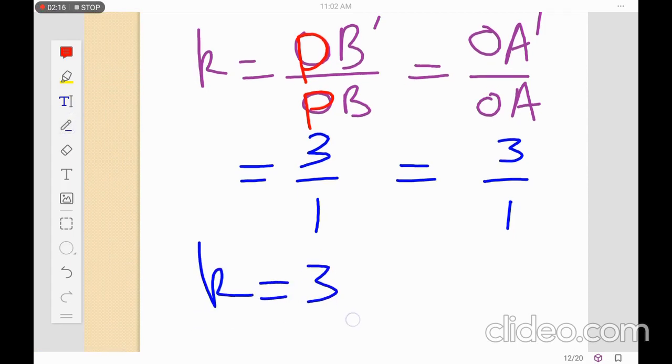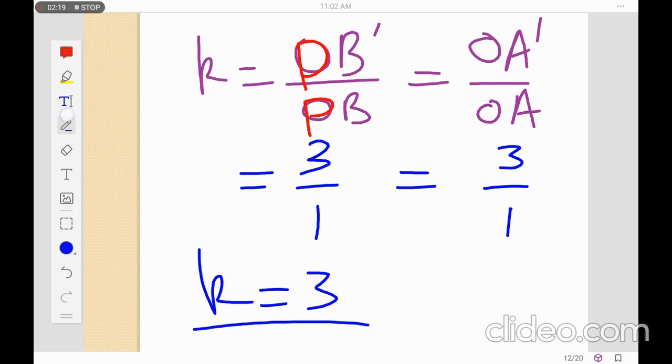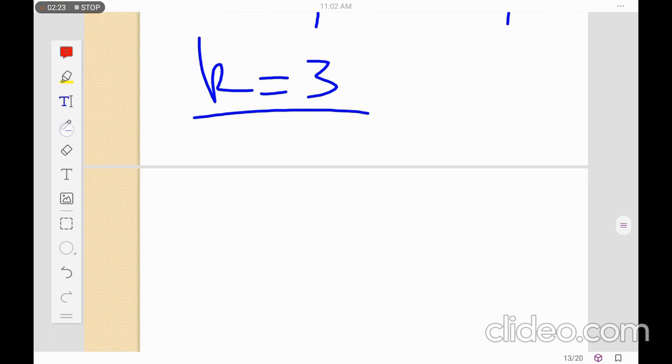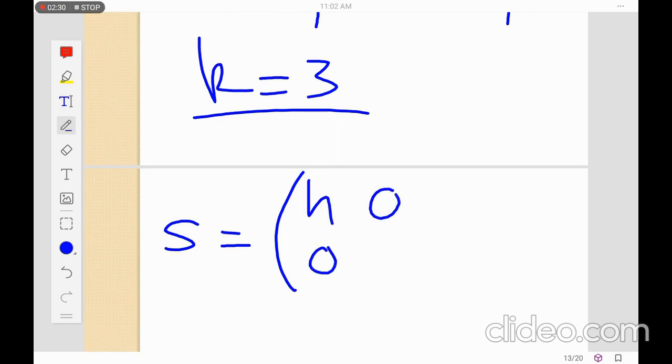Okay, now we can even write this in the form of a matrix. If we want to write it in the form of a matrix, our stretch matrix S is equal to H, 0, 0, K, whereby it means that where we have H and K, it will be a two-way stretch through x-axis and y-axis as invariant line respectively. That's how we have it like this.